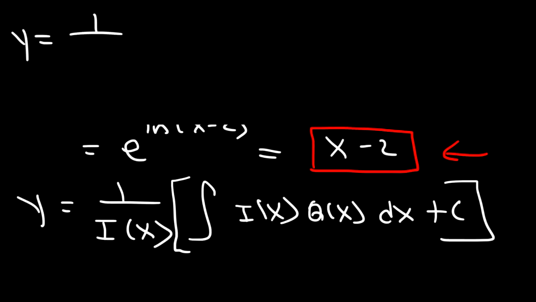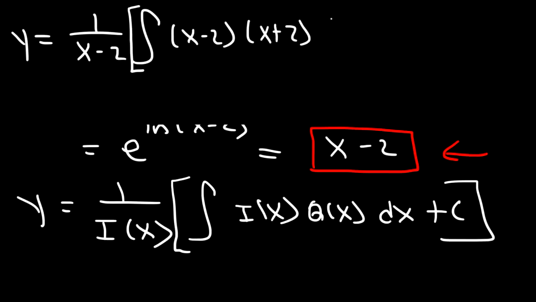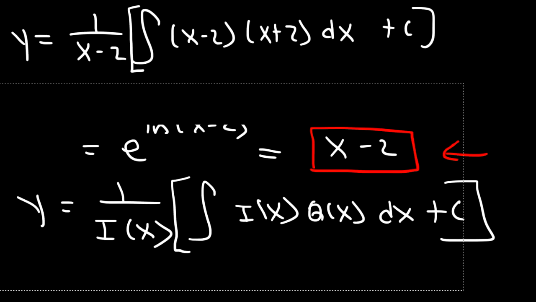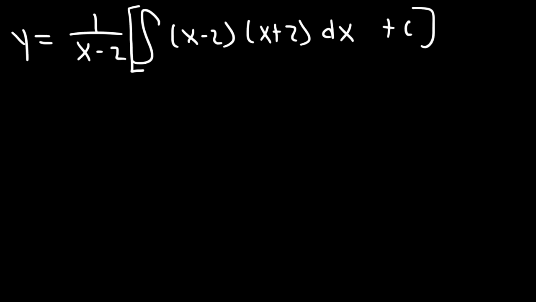And so that's going to be 1 over x minus 2 times the integral of x minus 2, and q of x, we said, was x plus 2, dx, and then plus c. Now, if we FOIL x minus 2 and x plus 2, that's going to give us x squared minus 4.